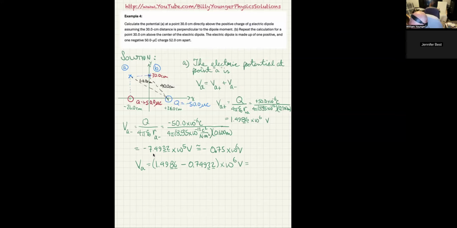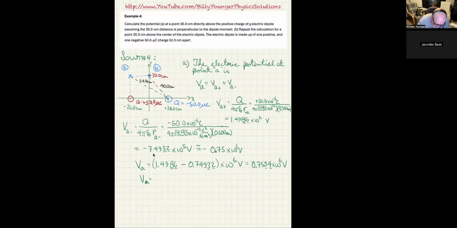This gives us 1.4986 minus 0.7432, which gives me 0.7554 times 10 to the 6th volts positive. Of course, we only had two decimal places on that, so these last two digits are not significant, and we've reduced our answer to fewer sig figs.